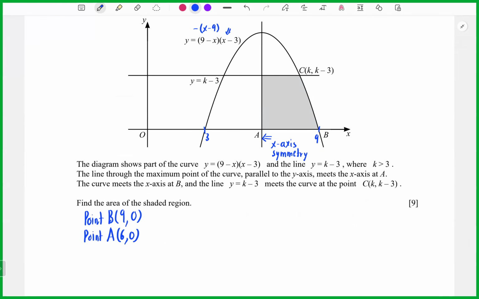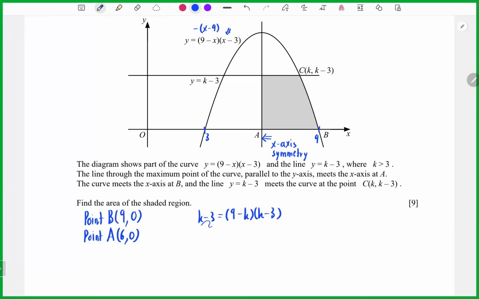So now I can try to put it here, because they intersect. I can write k minus 3 equals (9 minus k)(k minus 3). But do not cancel, you need to expand. Be careful, do not cancel.